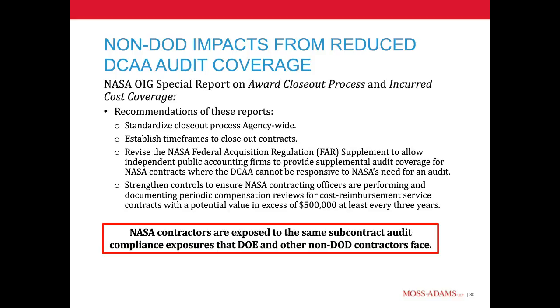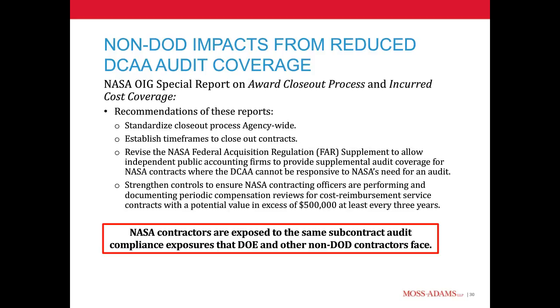So now NASA in particular has made it specifically clear in its FAR supplement that since DCAA is not available to do the audits, the contracting officers can go out, and it's unclear whether that's going to be done on a contracting officer basis or if there's going to be more of a centralized approach to resolving that situation.